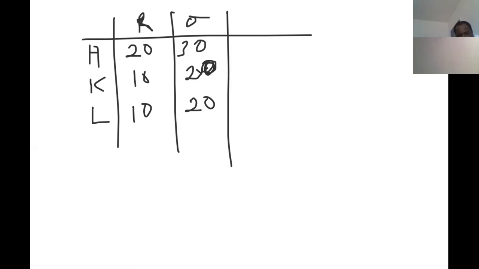And look at the third one. Now suppose the correlation between stock K and L. So let's have our correlation matrix here.